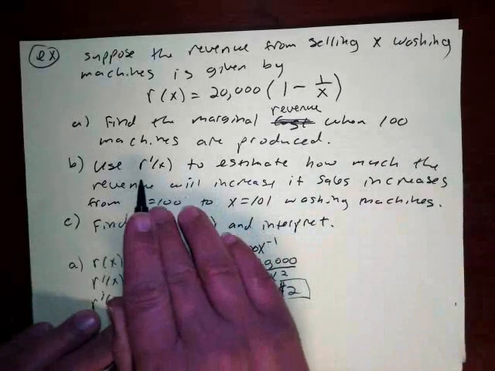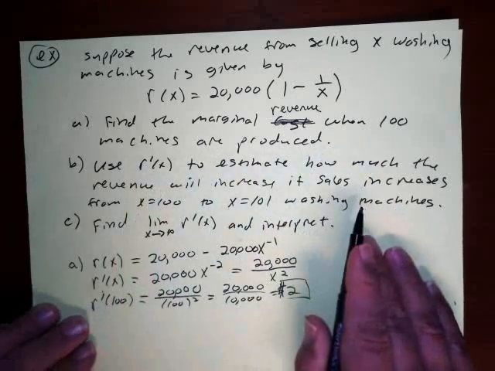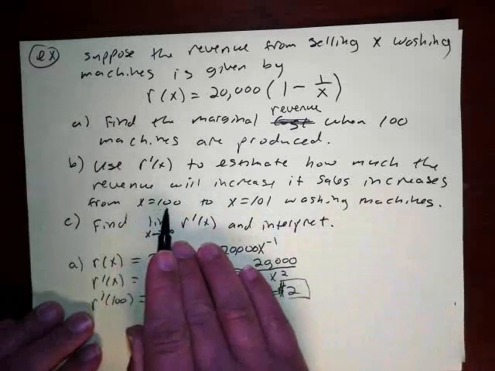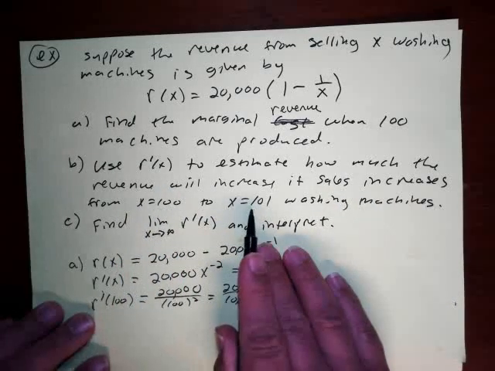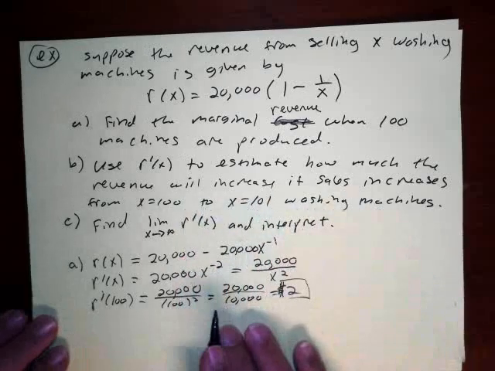Now it says use R'(x) to estimate how much the revenue will increase if sales increase from 100 washing machines per week to 101 washing machines per week.